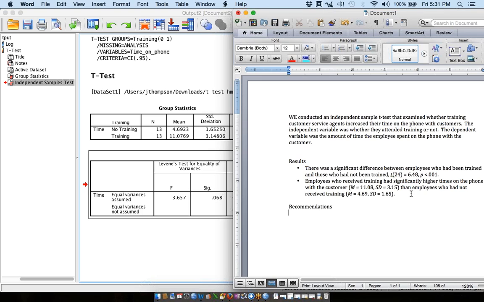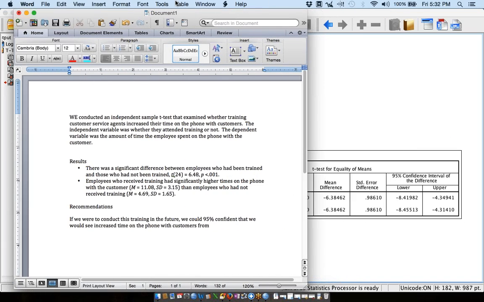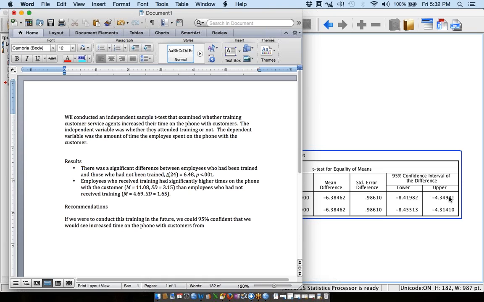And then for my recommendations, I'm going to say, if we were to conduct this training in the future, we could be 95% confident that we would see increased time on the phone with customers from, and now I'm going to switch these because they're negative and they're in the wrong order, 4.35 to 8.42 minutes.